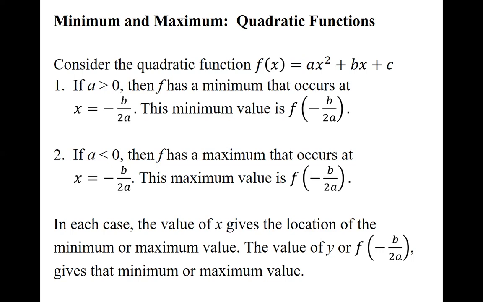The value occurs at the x value, it occurs at h. But the value itself is the output of the function. The value is k. So x gives the location of the minimum or maximum value, and then the y is the value. That is the minimum or the maximum.